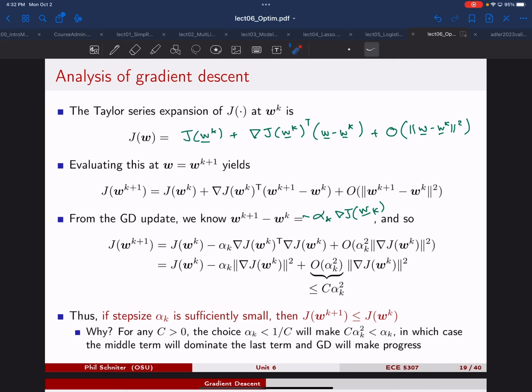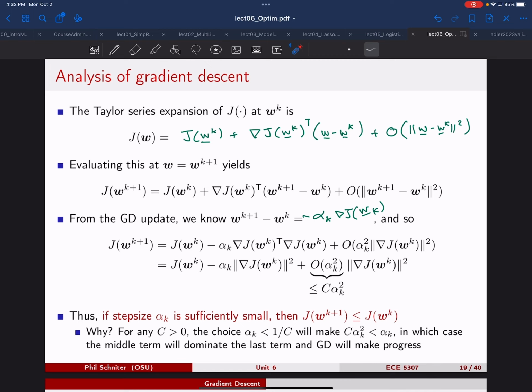So what's the value of alpha_k that balances these two terms? What value of alpha_k will make them equal? 1 over c, right? Because this gets to be 1 over c, and then this also gets to be 1 over c when alpha is 1 over c. So when alpha is 1 over c, that's the exact borderline between helping and hurting us.